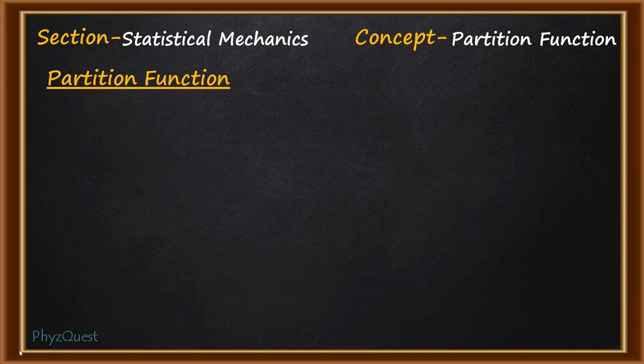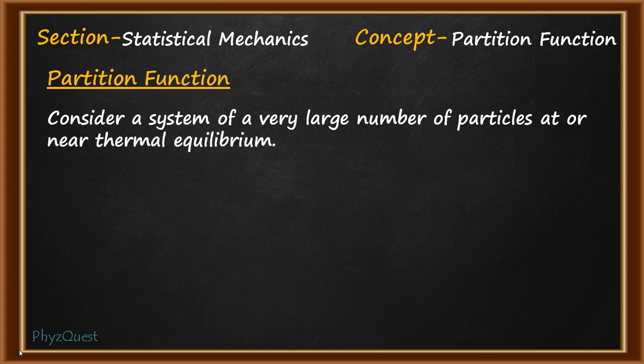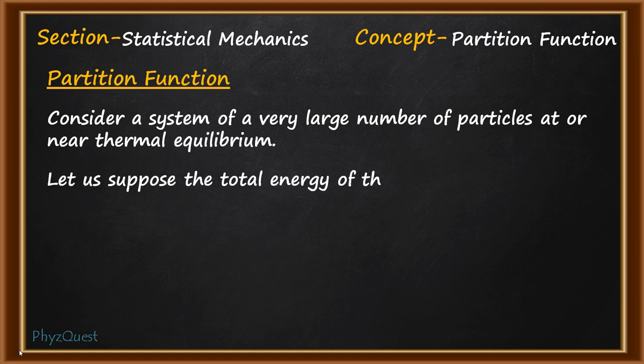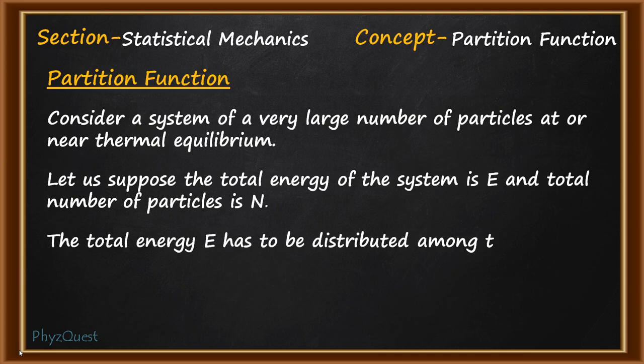Now consider a system of a very large number of particles at or near thermal equilibrium. Let us suppose the total energy of the system is E and the total number of particles is N. Now this total energy E has to be distributed among the available energy levels of the system.